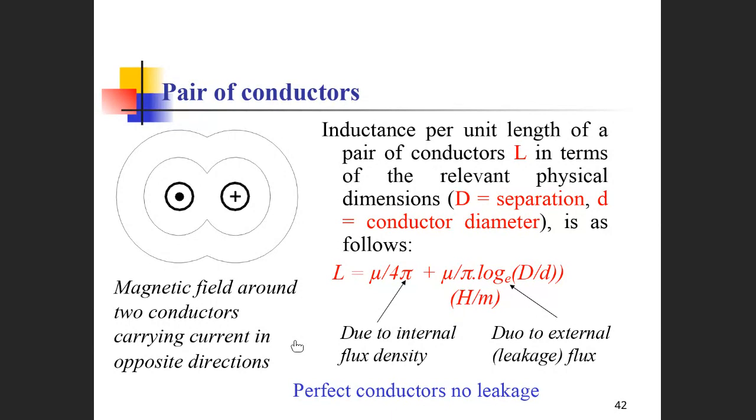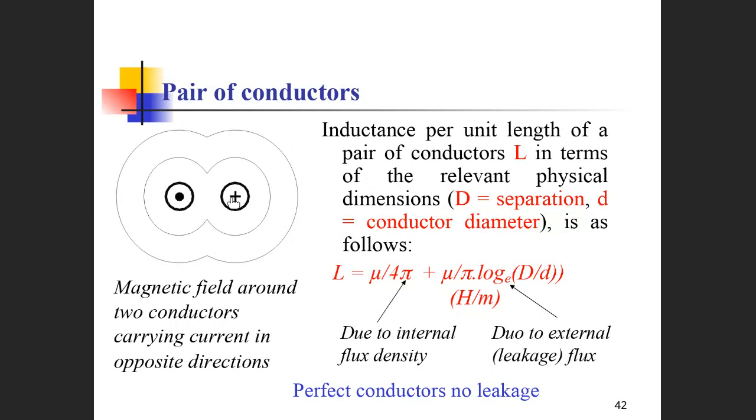They carry current in different directions or different phases. Suppose we have one pair of the circuit where at any moment the current in one conductor goes to the load, and in the other conductor it comes back from the load. So there are opposite directions in the 2 conductors.